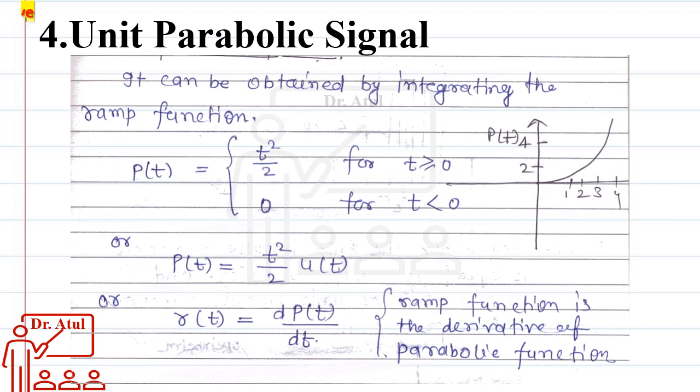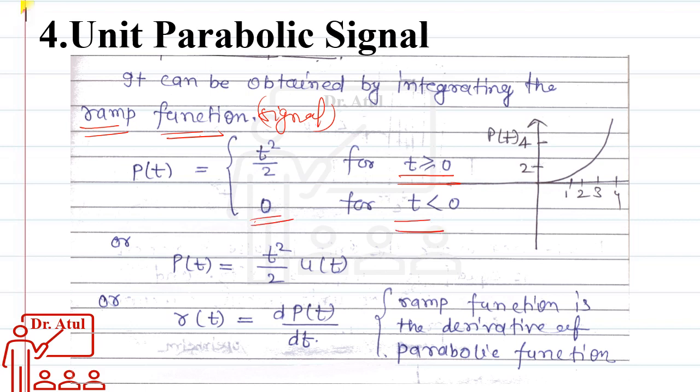The parabolic signal is again the integration of the ramp signal. So when you integrate a ramp signal, it becomes a parabolic signal. Function is the name given to the signals only. So when you integrate t, it will become t square by 2. Therefore, I have taken here t square by 2. For t greater than 0, it is t square by 2. For t less than 0, it is 0.